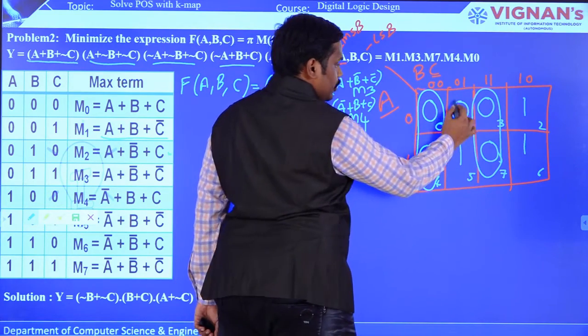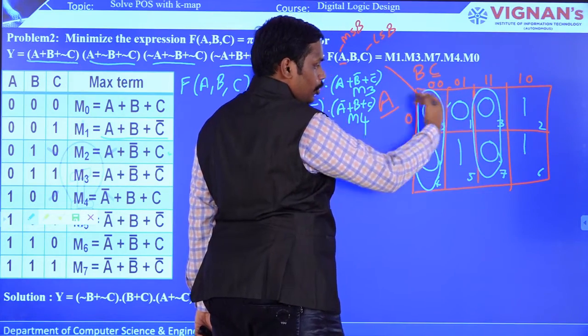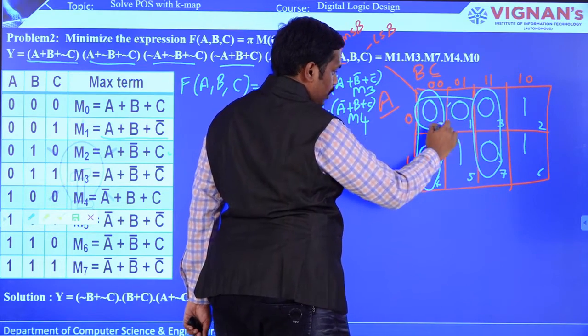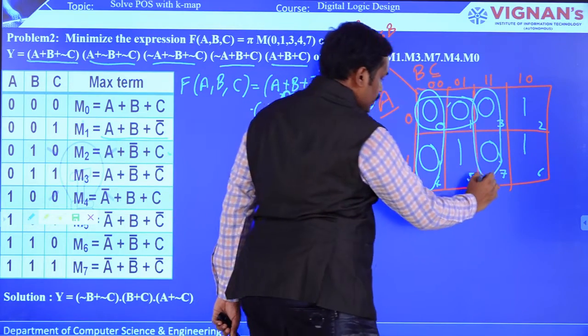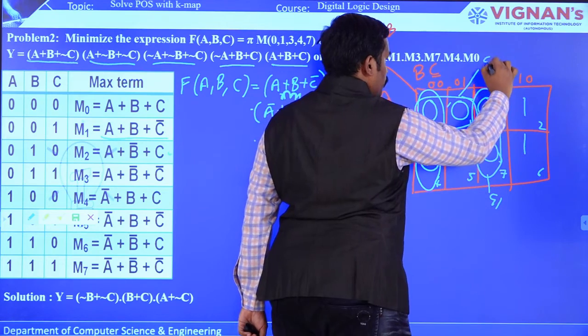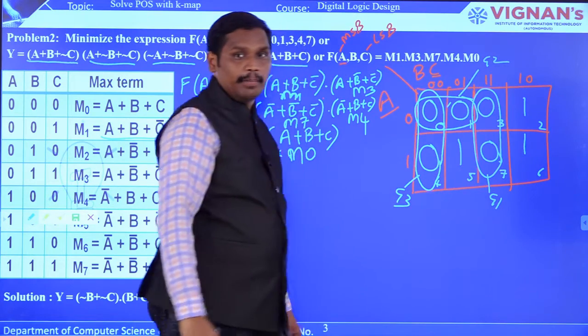And this particular 0 can form a pair with the rightmost adjacent 0 or else the leftmost bit. So this particular pair can be formed. So there are 3 pairs now. This is group 1, which is a pair, and group 2, which is a pair, and group 3, which is another pair.